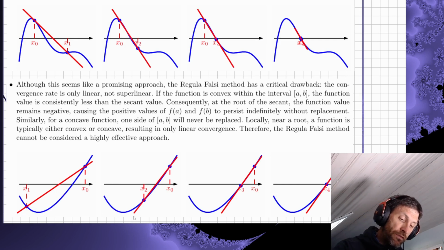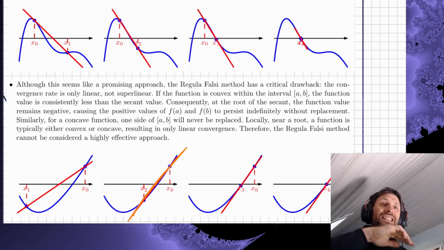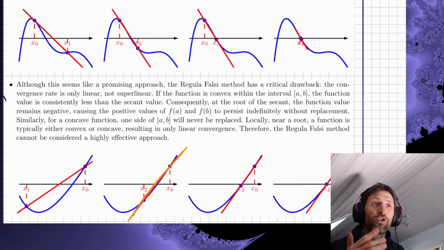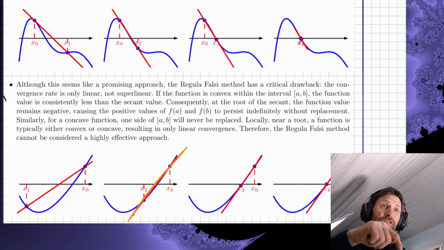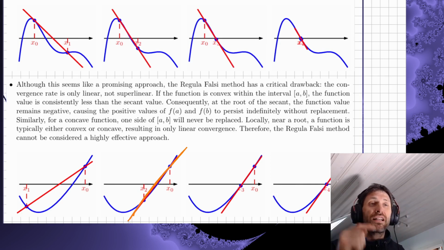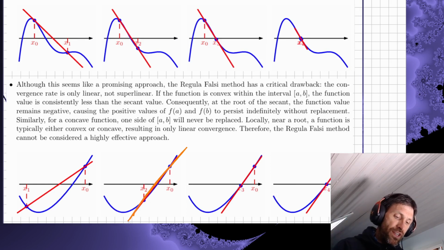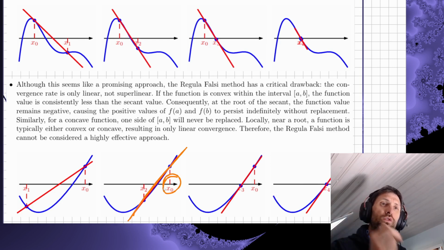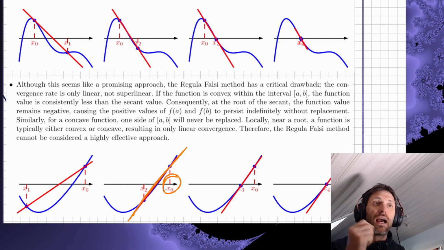So again, the secant is above the function, so the root of the secant is not a root of the function, and the function value belonging to that point is of negative sign, and so this one, x0, will keep being one of the points, and only the left point will be updated again and again.